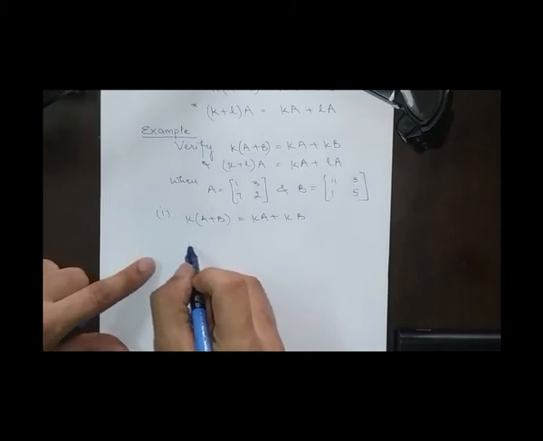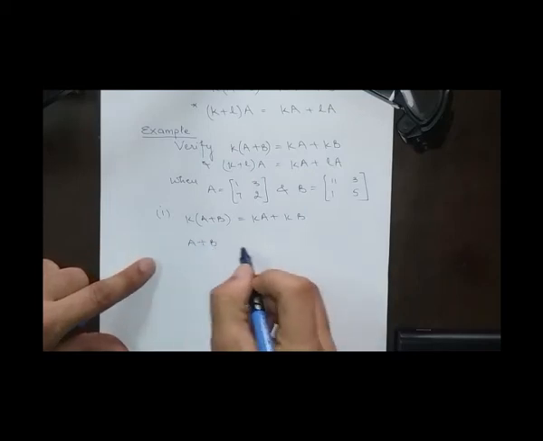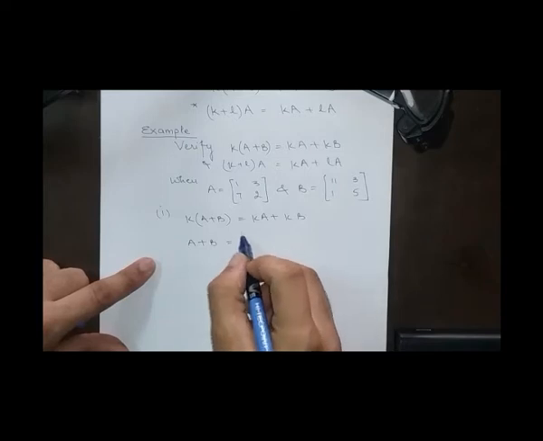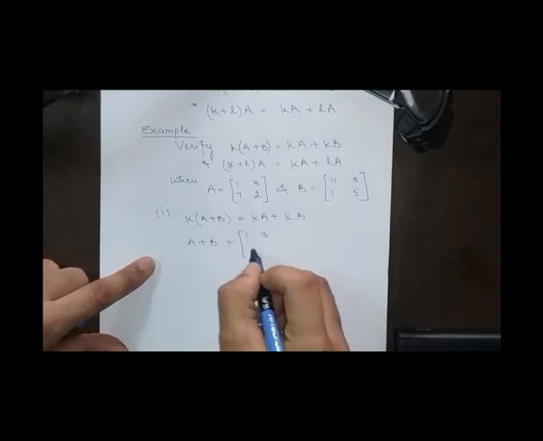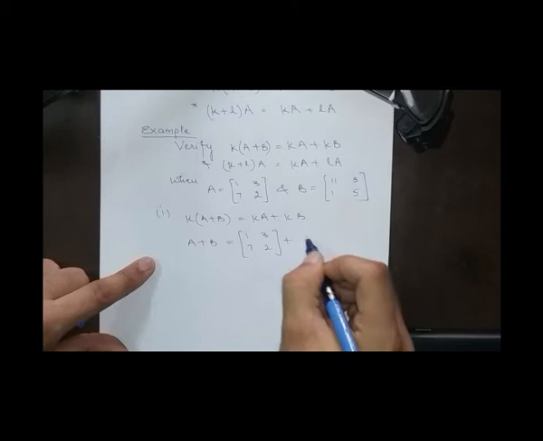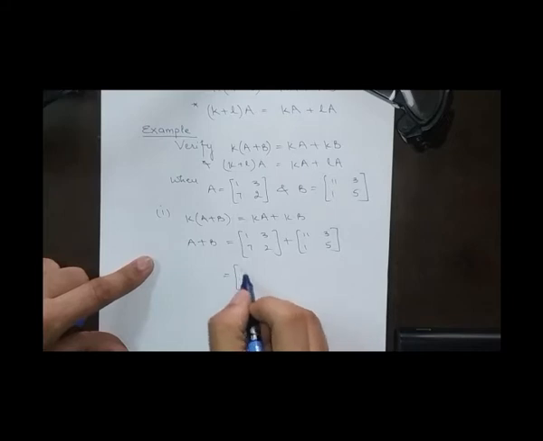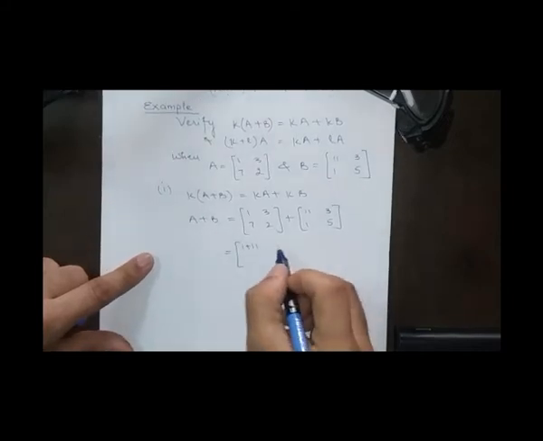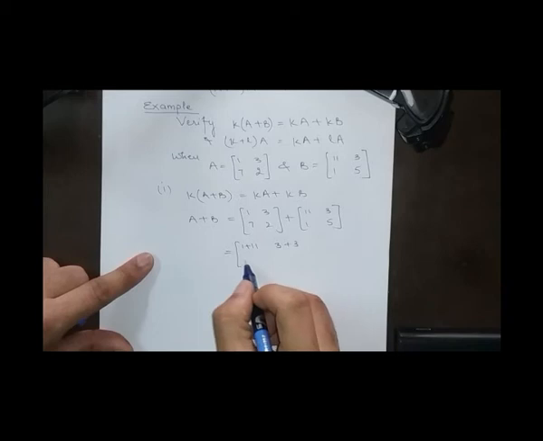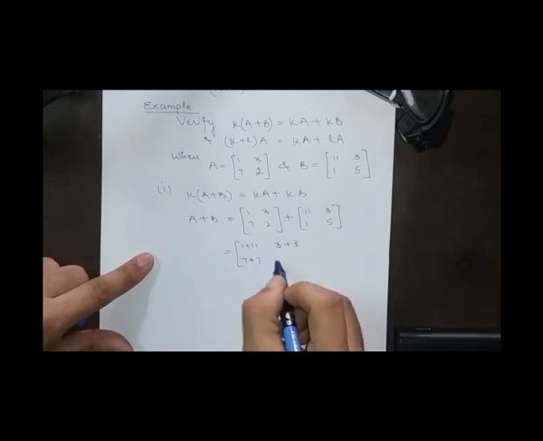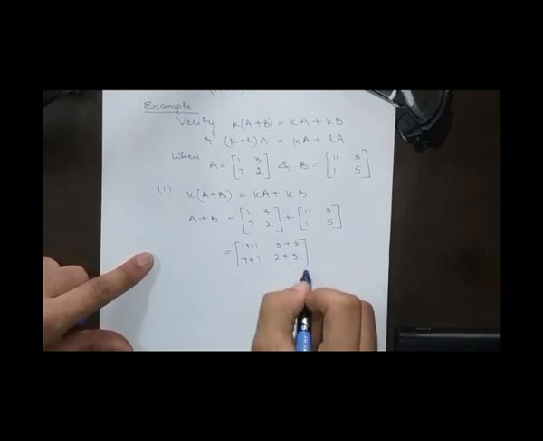Firstly we will find the sum of A and B. A plus B is equal to 1 3, 7 2 plus 11 3, 1 5. It becomes 1 plus 11, 3 plus 3, 7 plus 1, 2 plus 5.